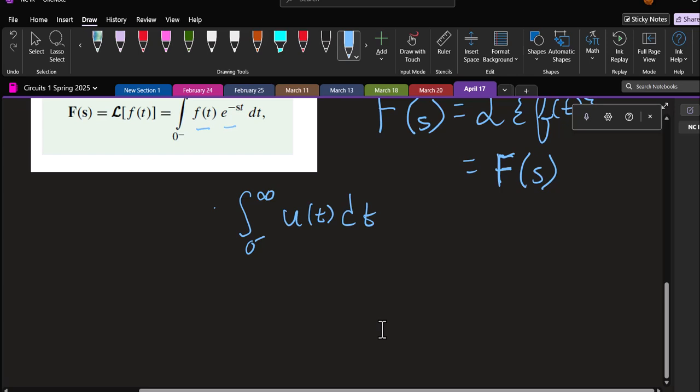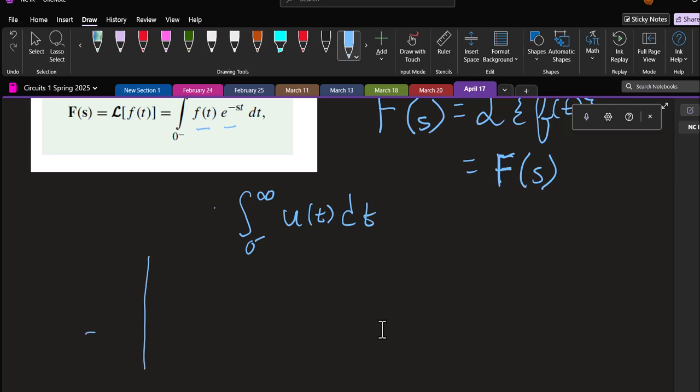Starting at 0 minus, not really that important here, just means that I'm including 0. What is the unit step function? For t greater than 0, it's 1.